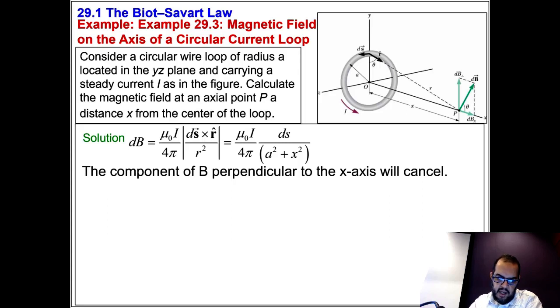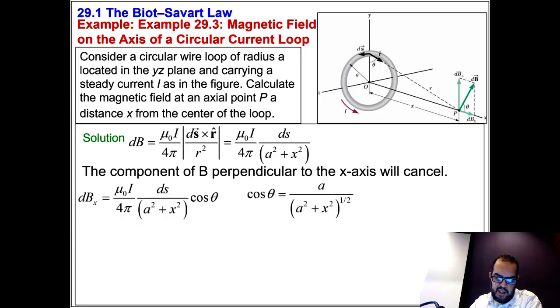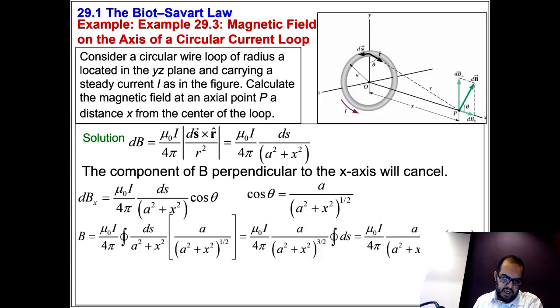And we need to multiply this by cosine theta, and cosine theta in this case is going to be a divided by r, which is a divided by the square root of a squared plus x squared. We are trying to determine only the x component, that's why we are multiplying by cosine theta.